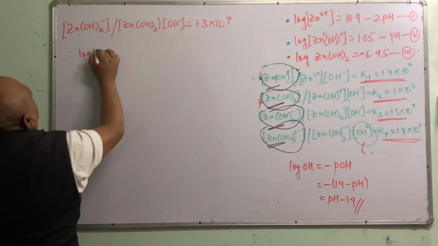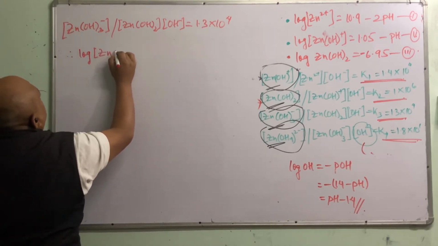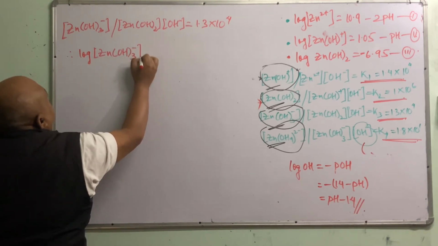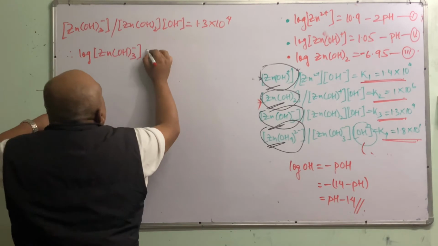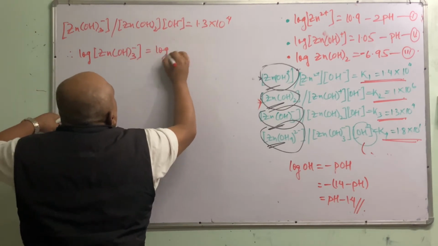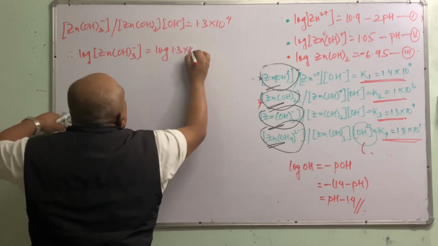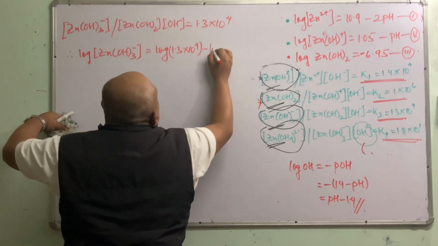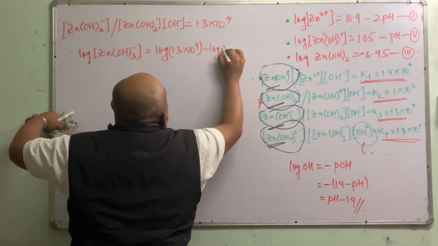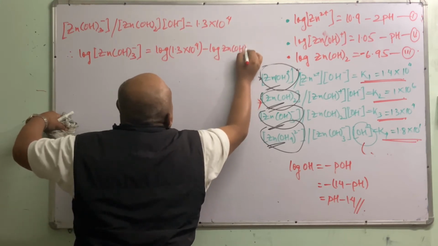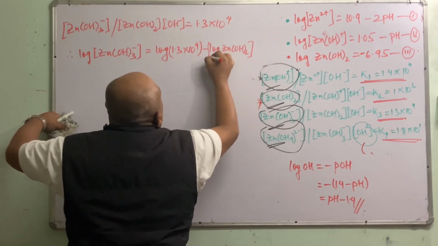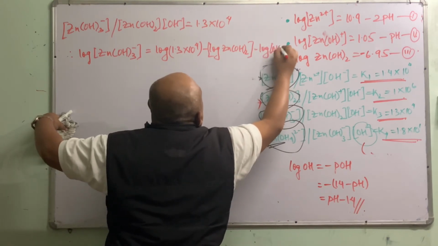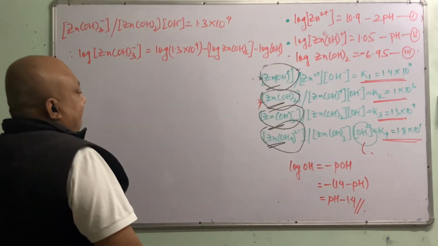Therefore, log of ZnOH3 minus is equal to log of 1.3 into 10 to the power 4, minus log of ZnOH2, minus log of OH, correct?